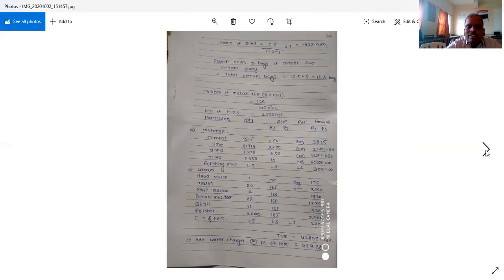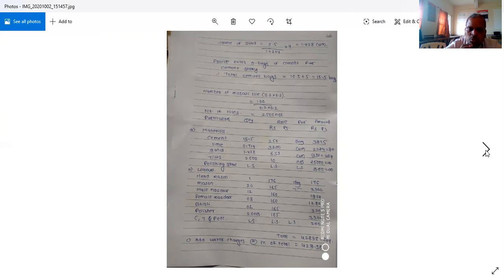Then what you have to do, provide extra 5 bags of cement for cement slurry. While fitting any type of tiles, we have to prepare the cement slurry, and it is very important for the proper bonding of the cement mortar and that tile, because some air gaps are present in the mortar.